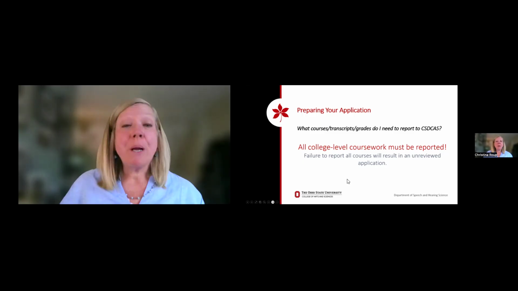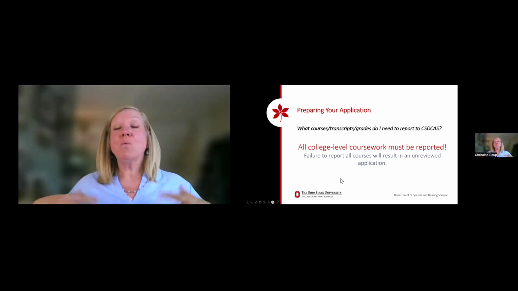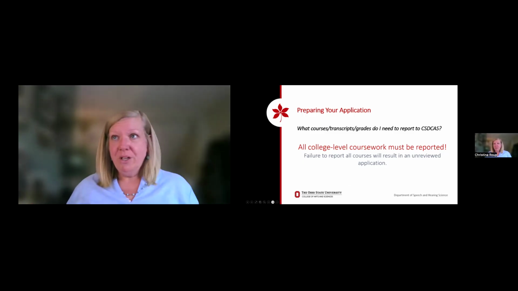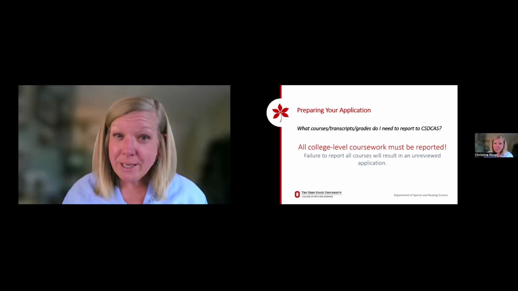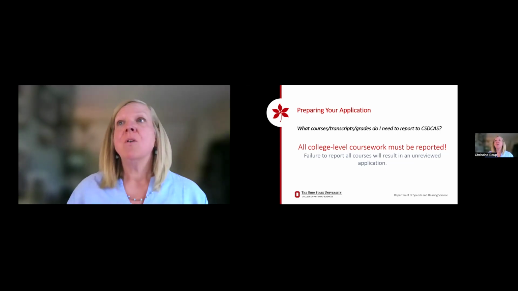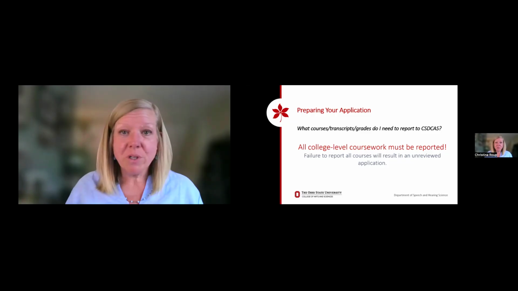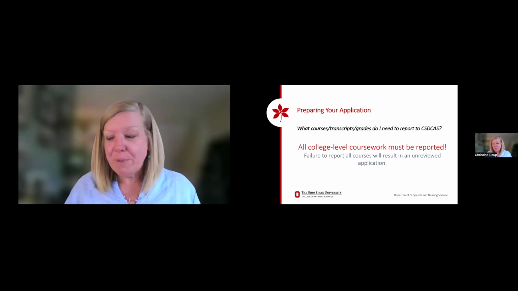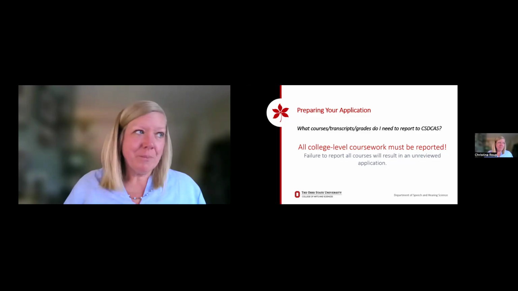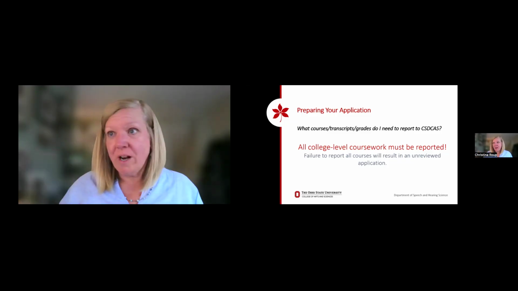Okay, so preparing your applications. So what about courses and transcripts? CIDCAS is pretty strict about this. All college level coursework has to be reported. What can happen is you think, well, I transferred that credit over to OSU, so it shows up as transfer credit.